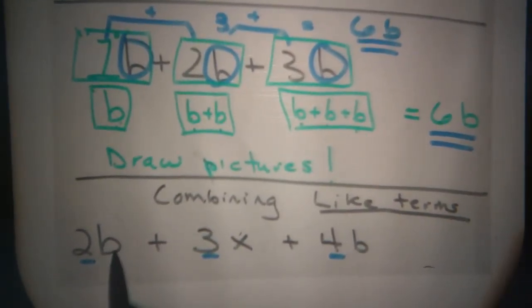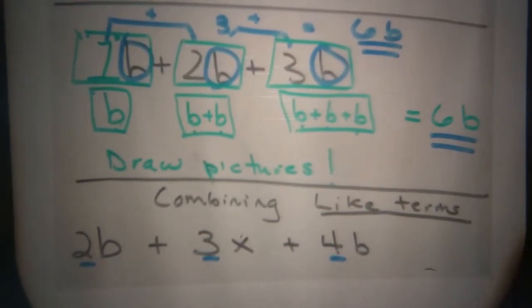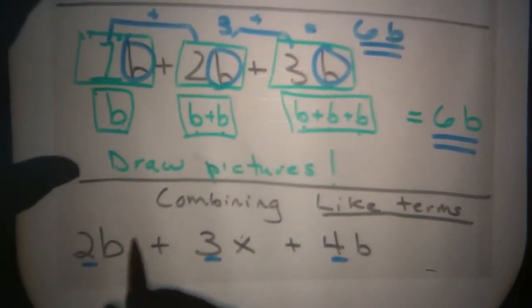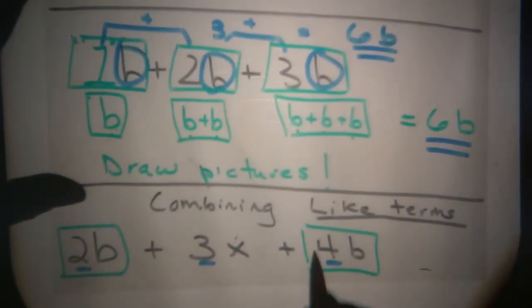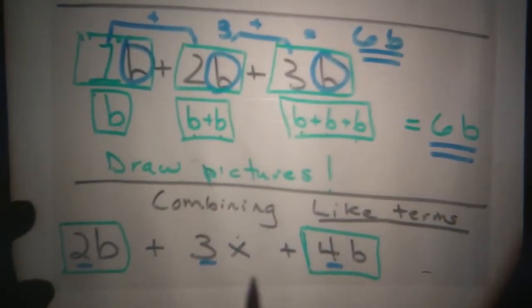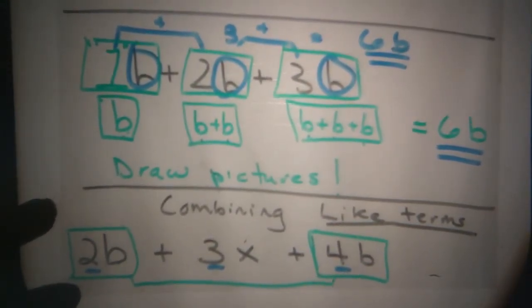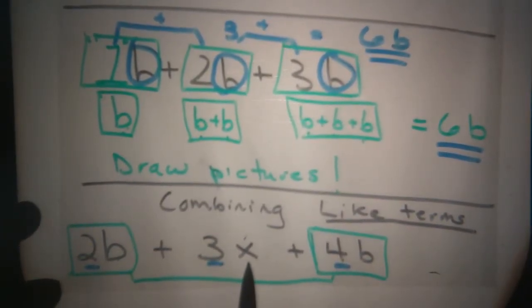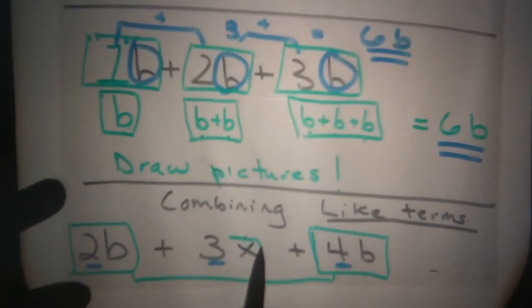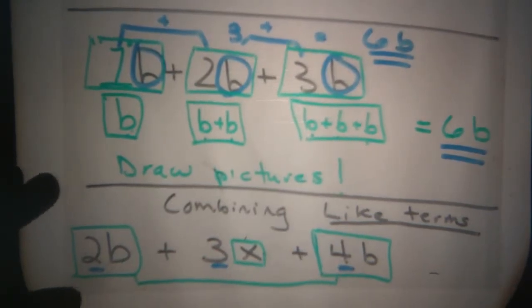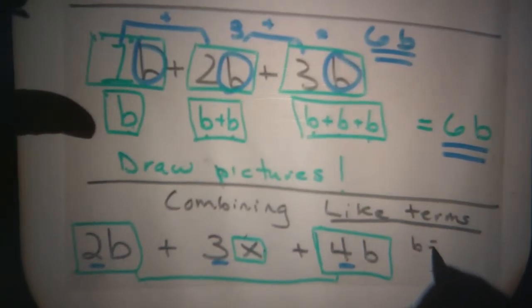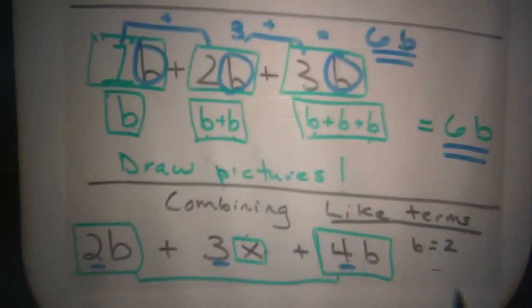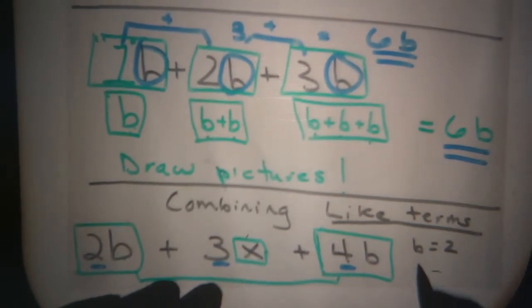Is the x the same type of variable as b? Well, it is a variable, but it's not the same variable. So as far as like terms, I have 2 terms with the variable of b. These are the like terms that can be combined. Why don't I combine the 3x? It is a variable, but it's a different variable. Because if someone told me b equals 2, they're going to tell me that x equals a different number.